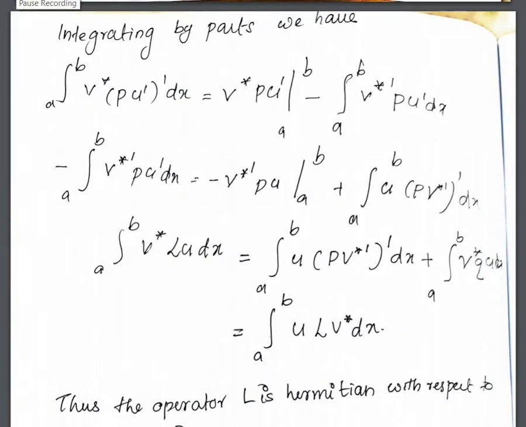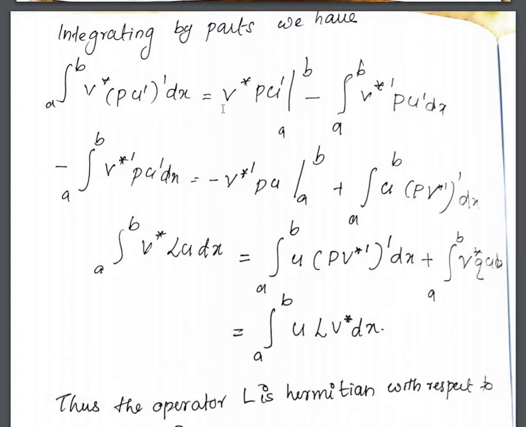So when we apply integration by parts, we get the integral from a to b of v star (p u dash) dash dx is equal to first function into integral of the second, minus integral of the differential of the first into integral of the second. The integral of (p u dash) dash is nothing but p u dash.